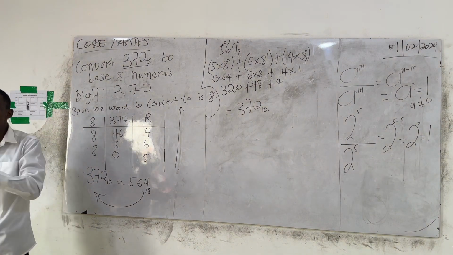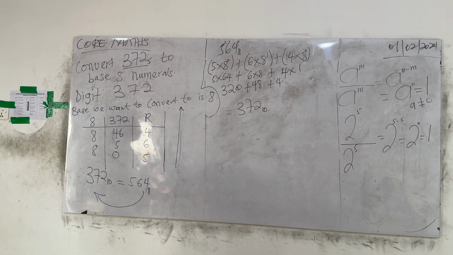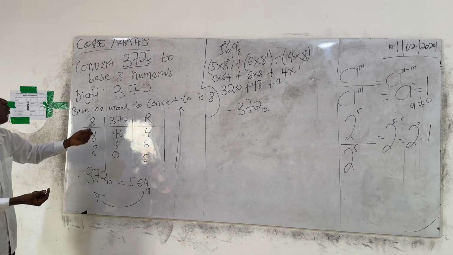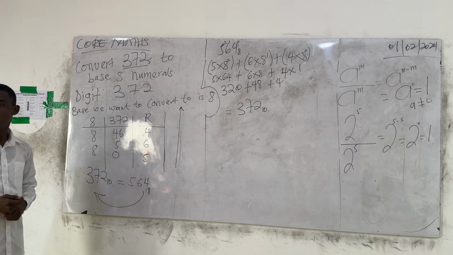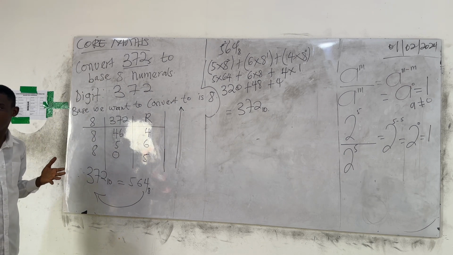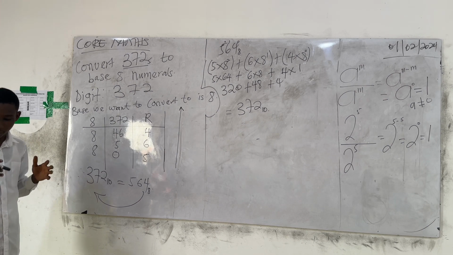If you don't know how to convert into base 10, and you don't understand how to convert base 10 to other bases, then what do you do? You have to learn. You don't just come and throw the notes out. You have to revise.